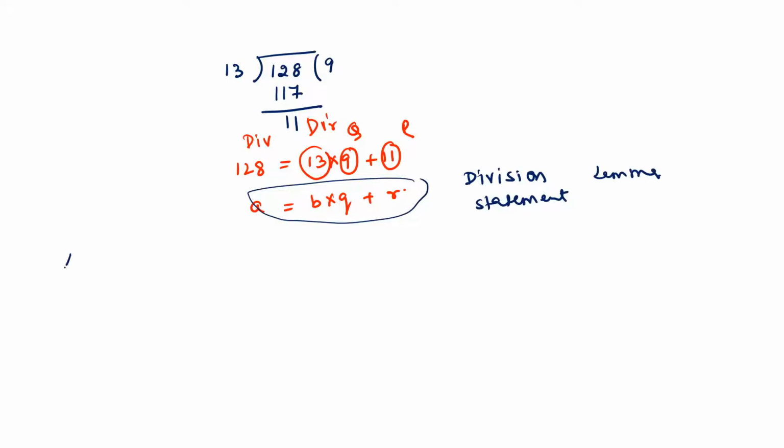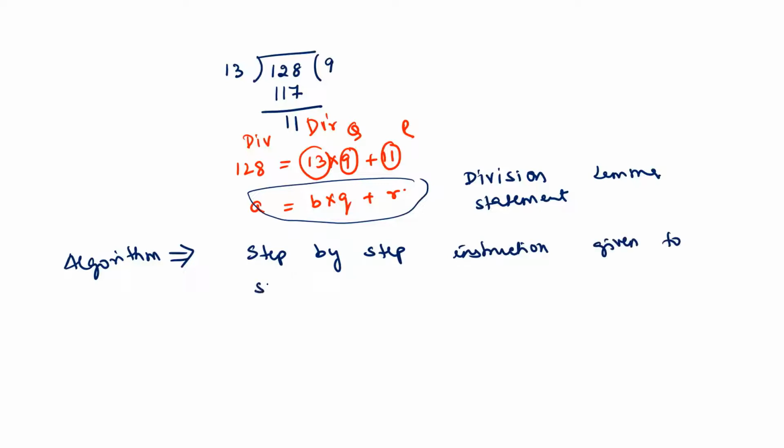So what is an algorithm now? What do you mean by algorithm? It's one-by-one steps given for solving a certain problem, right? Step by step instructions or method given to solve a problem.